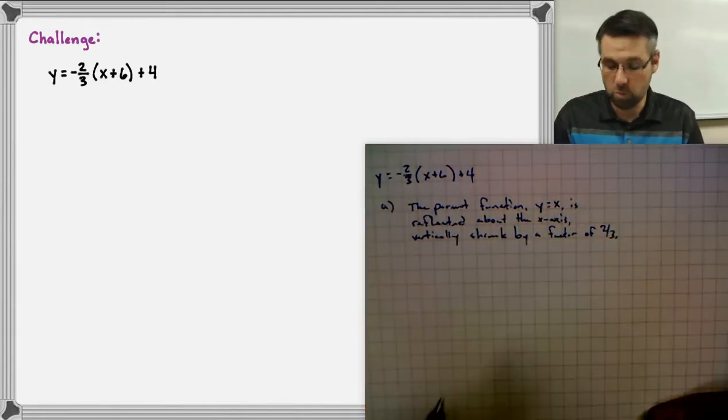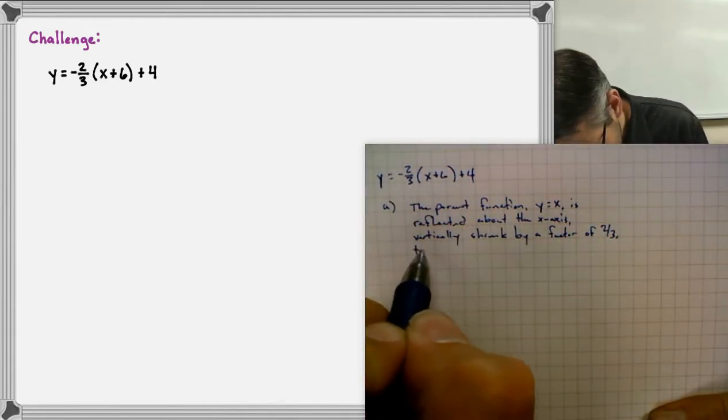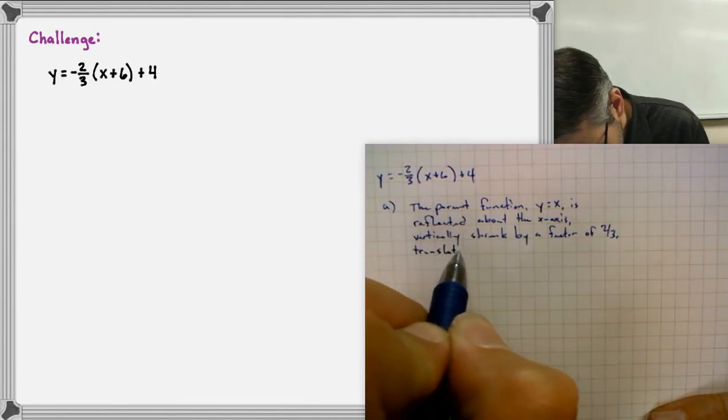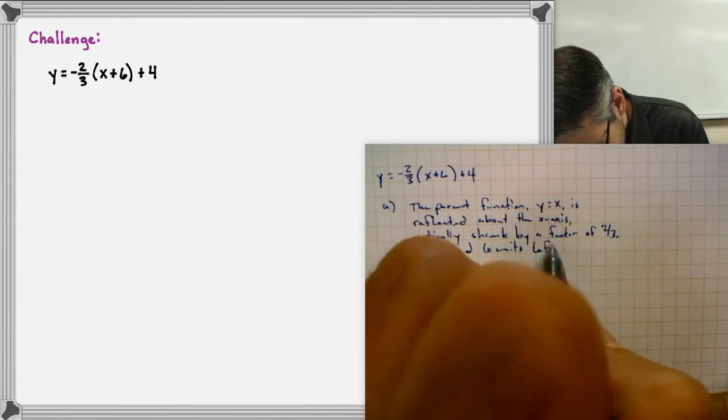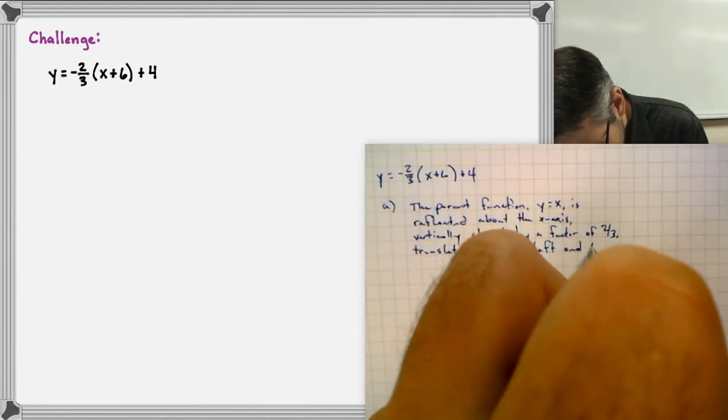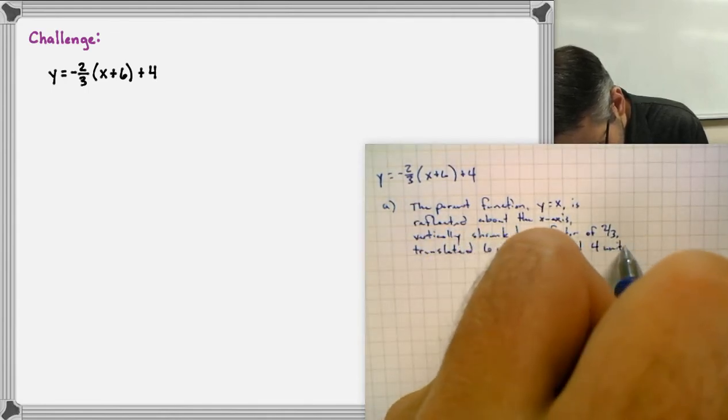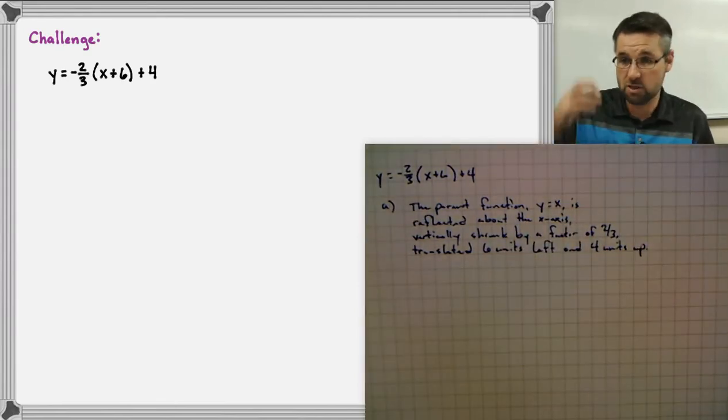That's basically your slope. And then we would say it's translated 6 units left and 4 units up. All right, so there's the description.